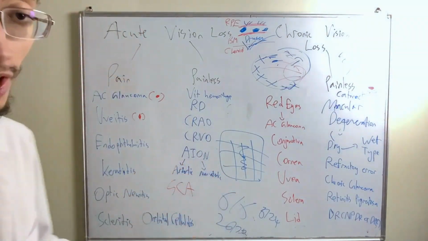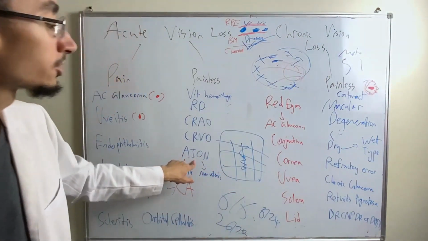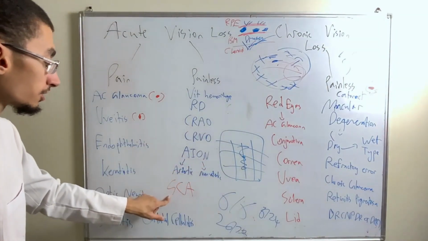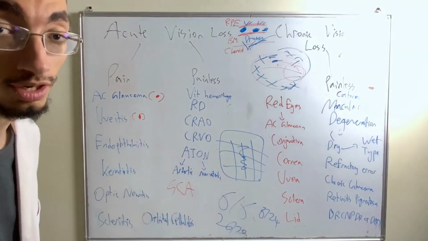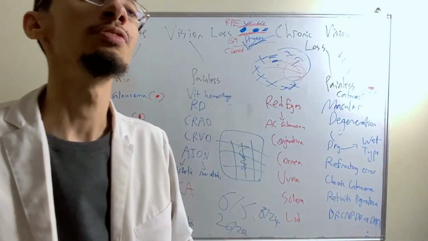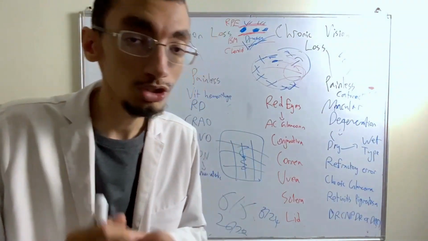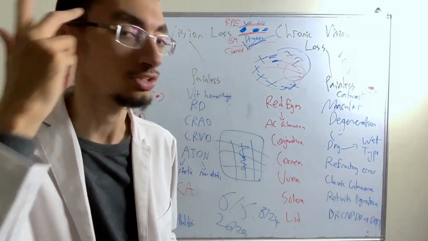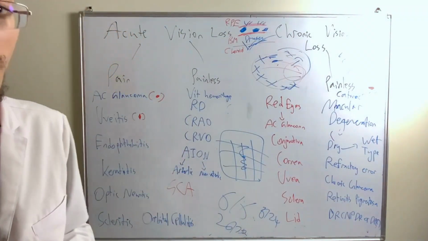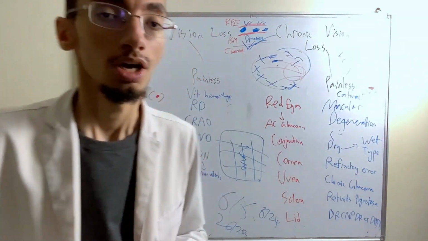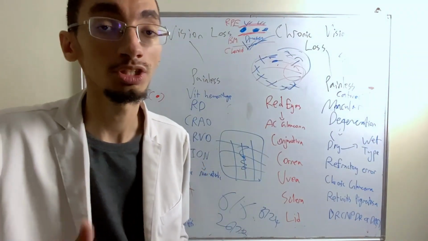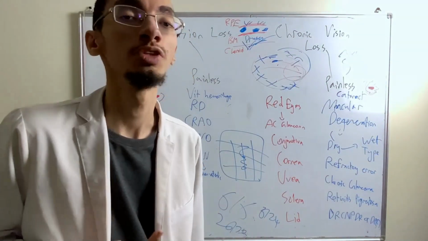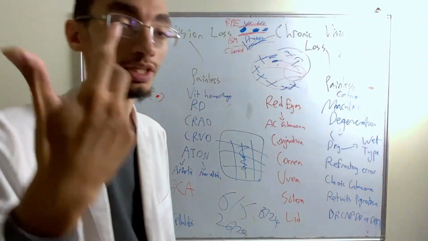But for the arteritic, yes, because arteritic anterior ischemic optic neuropathy refers to GCA, giant cell arteritis, basically a very, very, very huge inflammatory condition related to the superficial temporal artery, where you have high levels of ESR and C-reactive protein. Of course, this high level inflammation can obliterate the lumen of the artery supplying your optic nerve and can lead to ischemia.